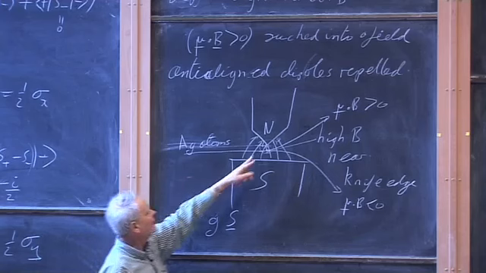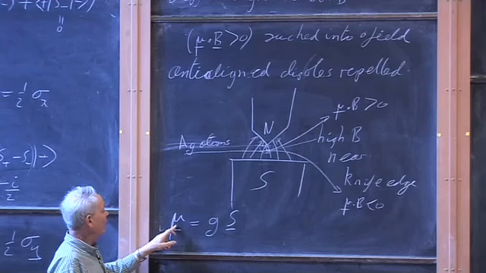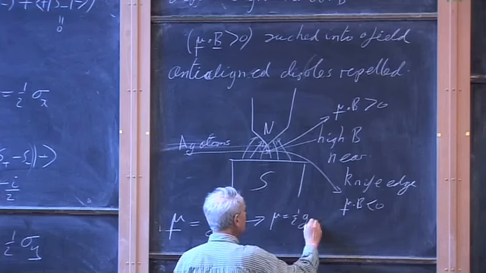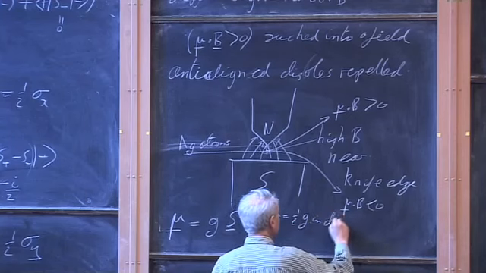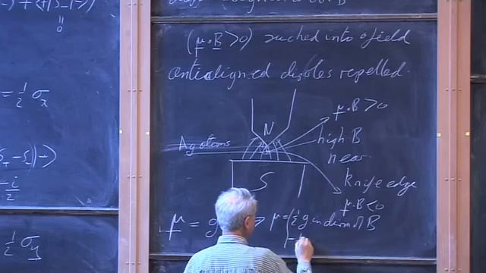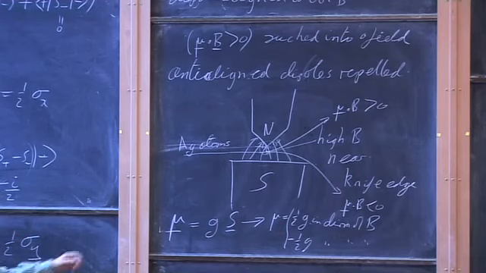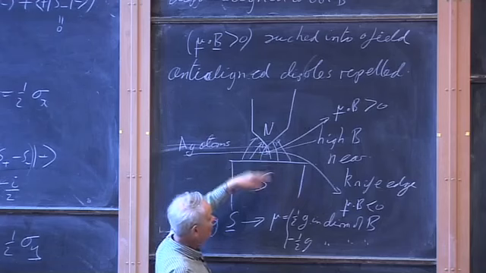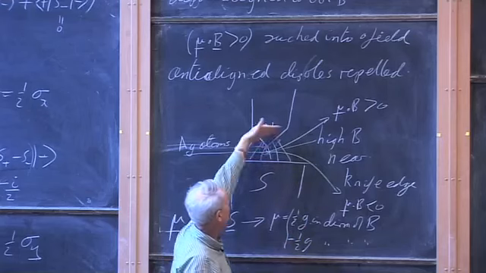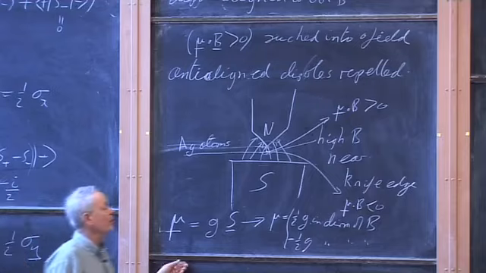Either you'll get plus a half or minus a half for the value of this. And therefore, mu will be either a half g in the direction of B, or it'll be minus a half g in the direction of B. The half for which it's plus a half g will be deflected that way, and the other lot will be deflected down here, and there you go.